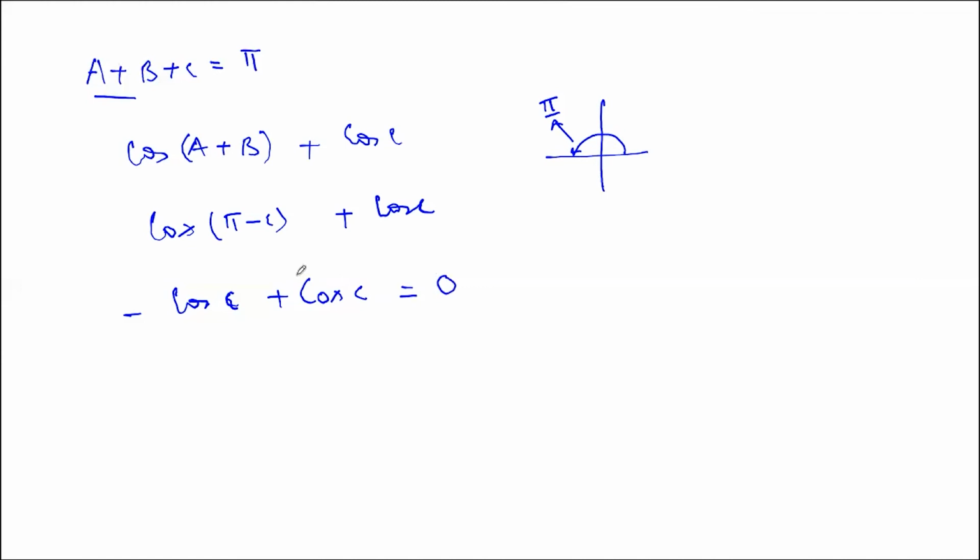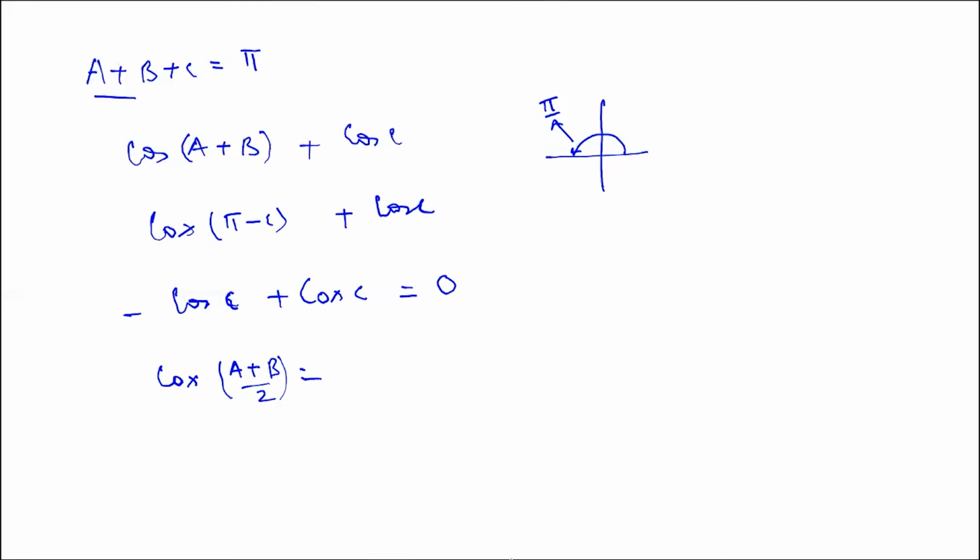Maybe you'll get a question like this: what is the value of cos of (a plus b) by 2? And you have to give your answer in the form of angle c. See, in this format the equation is given a plus b plus c is equal to pi.